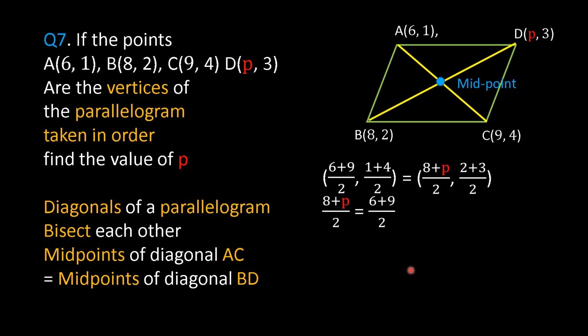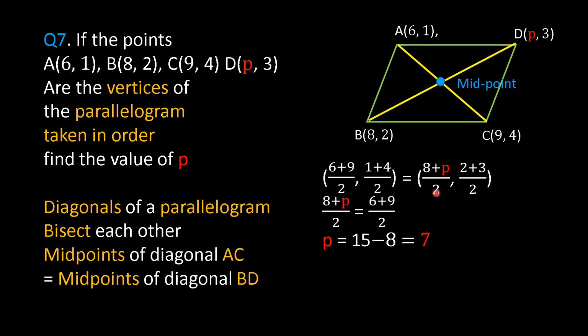So, we find the midpoint of diagonal AC, which will be (6+9)/2 as the x coordinate, and the y coordinate will be (1+4)/2, which is the same as the midpoint of the diagonal BD, whose x coordinate will be (8+p)/2, and the y coordinate will be (2+3)/2.